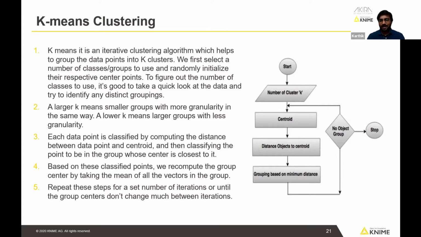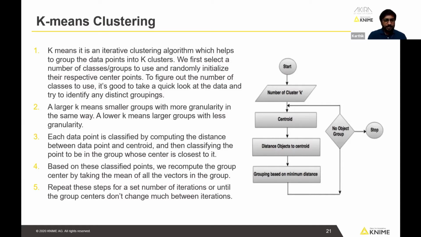This cycle repeats until there is no further movement of the clusters. A centroid is the mean of the closest data points in that cluster. I'll show you what I mean in a couple of minutes.